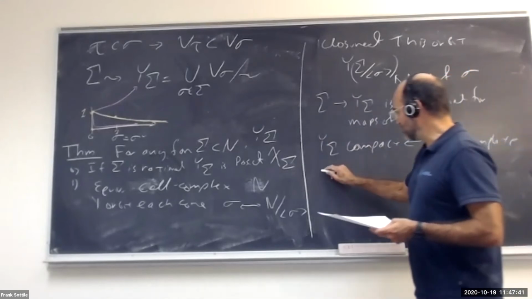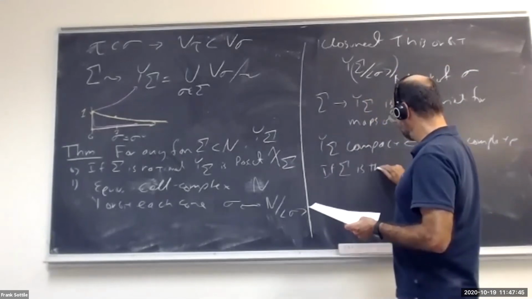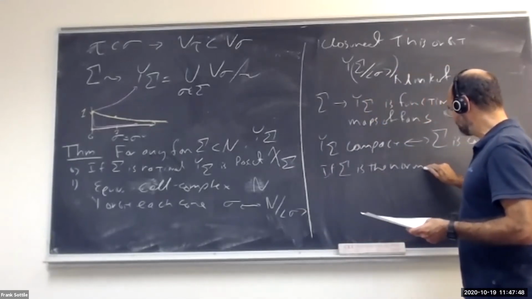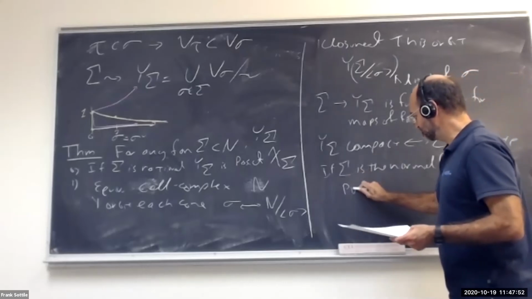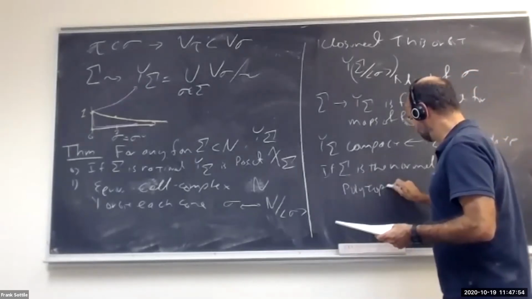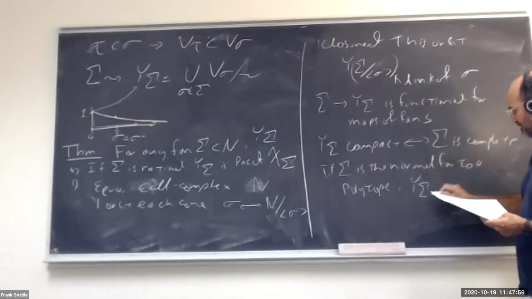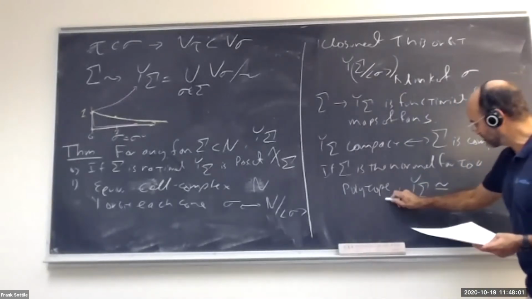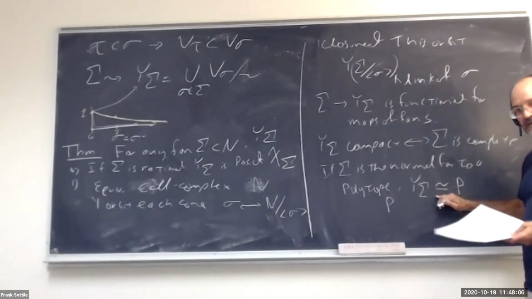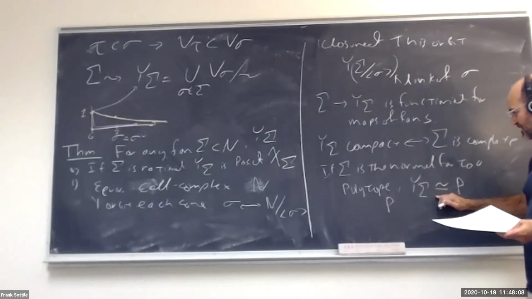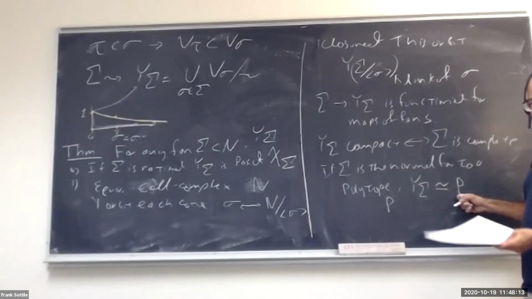And if sigma is the normal fan to a polytope, which I'll call P, then this equivariant cell complex is actually homeomorphic to the polytope P. This is non-canonical because you have to choose some points in P whose convex hull is P.